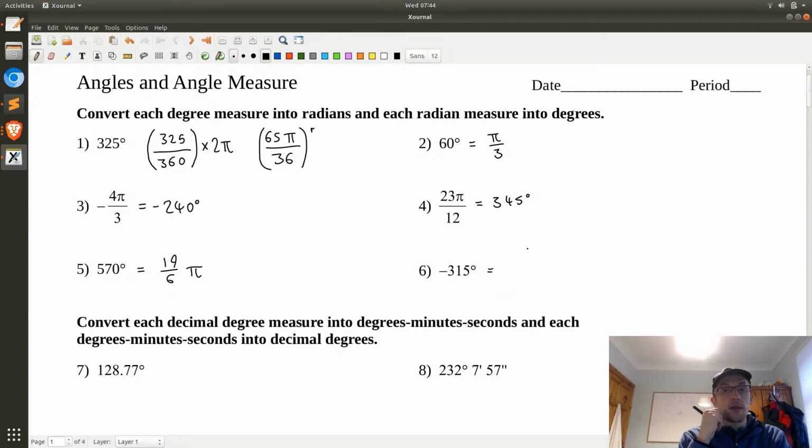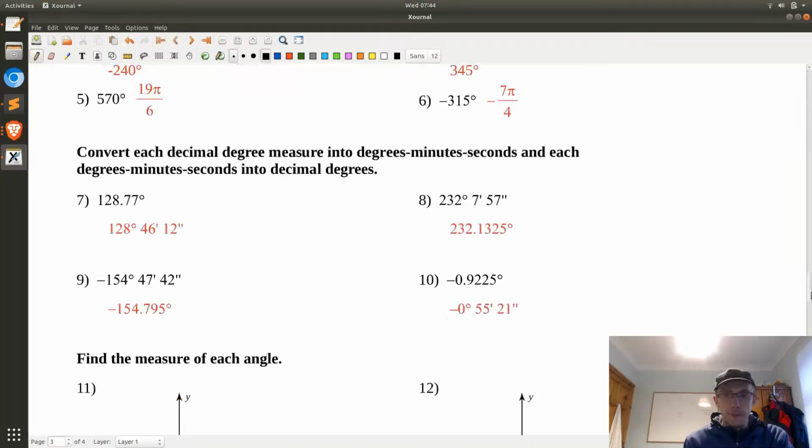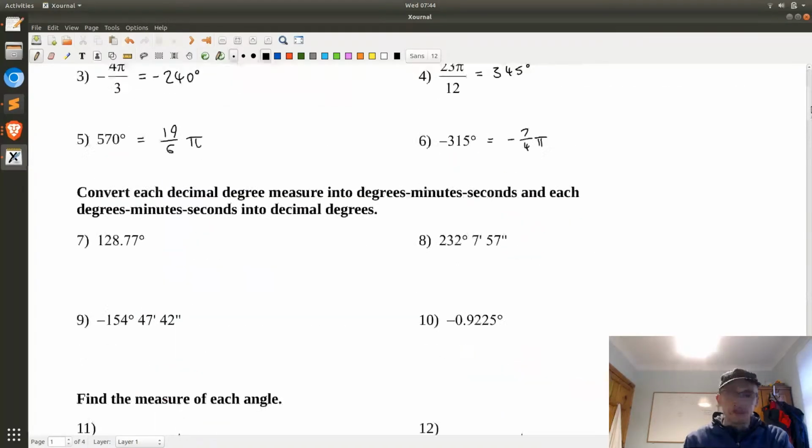That's 1/8 of a full turn, which is pi over 4. So 2 pi take pi over 4 is 7/4 pi. So negative 7/4 pi. And check. Correct.